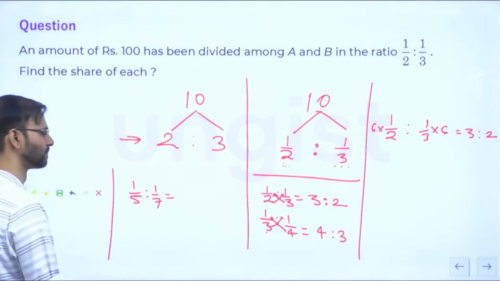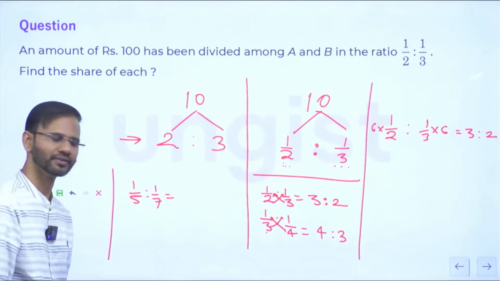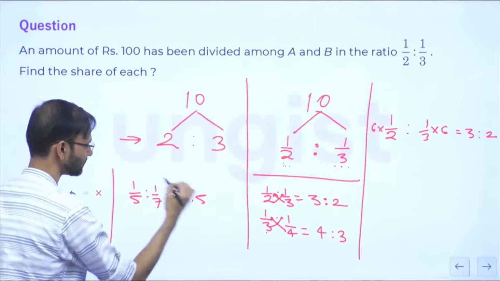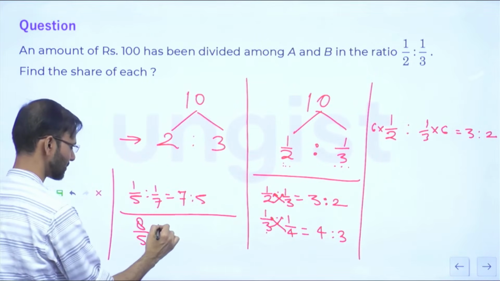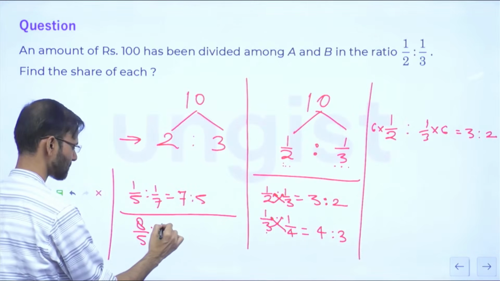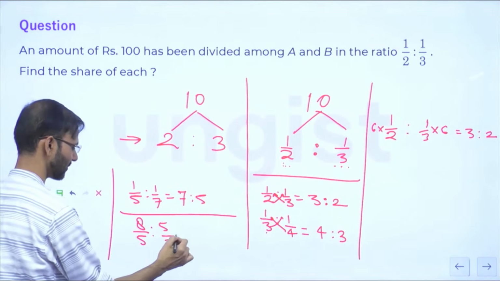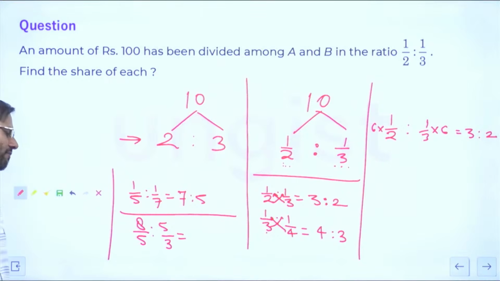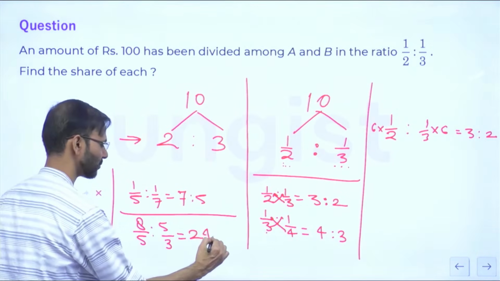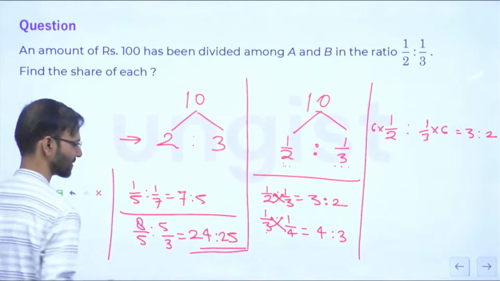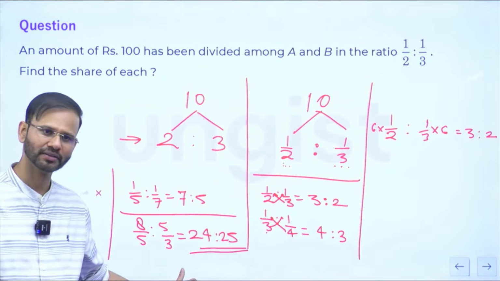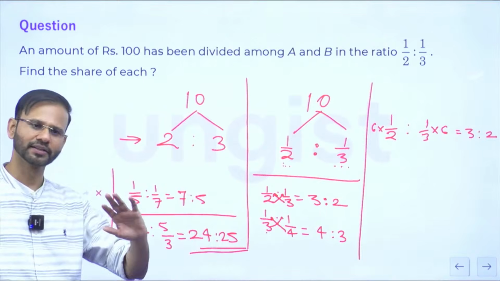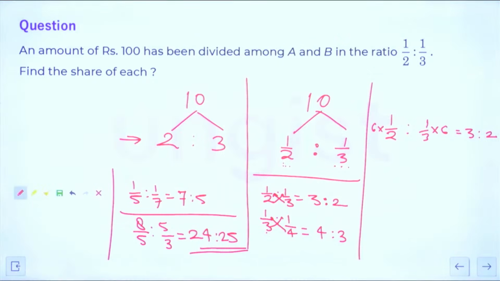This will be what? 7 is to 5, right? Okay, again, 8 by 5 is to 5 by 3. What is this, guys? Very good, guys. This is 24 is to 25. Very nice. Friends, is it clear? Any doubt? Anyone? Is it clear now? Those who are sitting online, guys? Everybody?